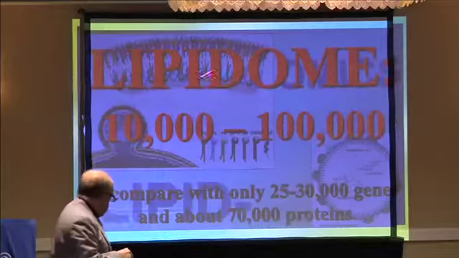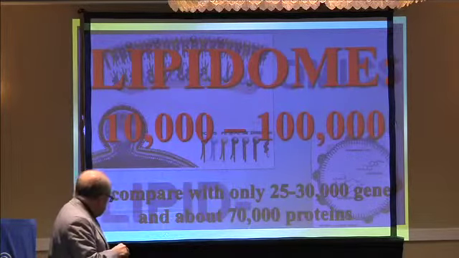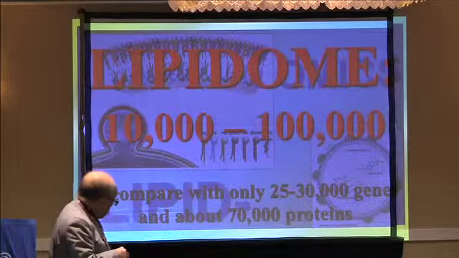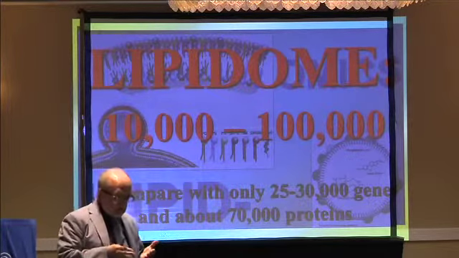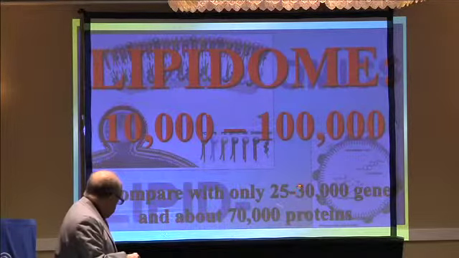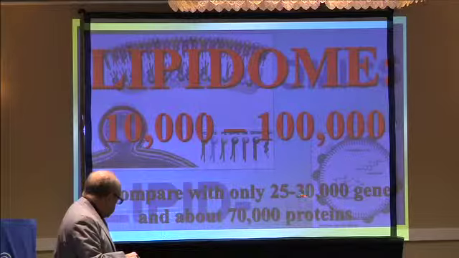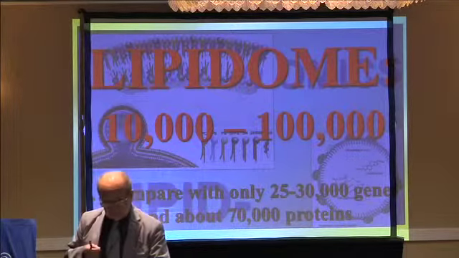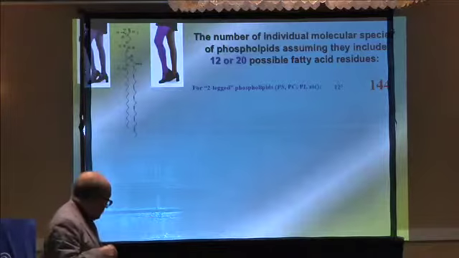But if you think about numbers, in today's assessments, lipidomes may comprise from 10 to maybe 100,000 molecular species of lipids. This compares with only 20 to 30,000 genes and 70,000 proteins. So it's a highly diversified group of molecules.